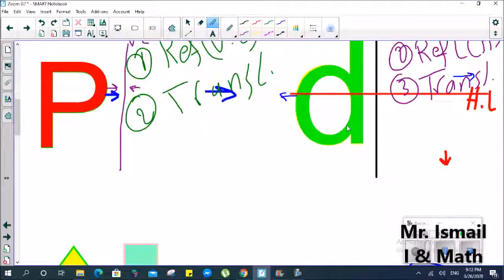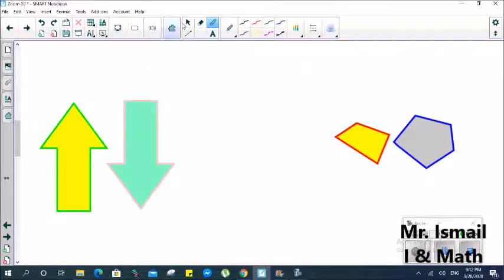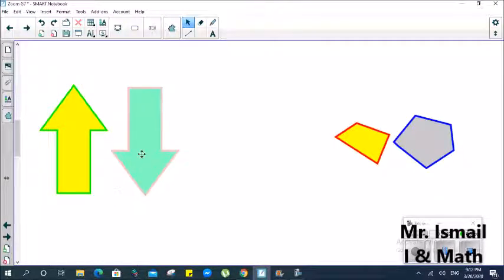Next one. I have here two figures. Here my arrow. Always try to draw this arrow. It will help you. Right? They are opposite, up, down, right?